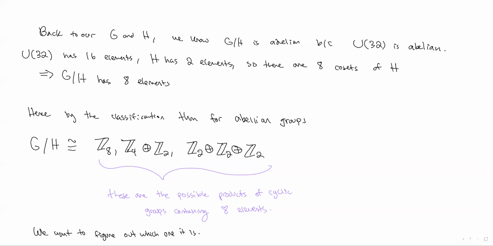To do so, we should first write down the elements of G mod H, so the cosets. Okay, so there's H, which is just 1 and 17.